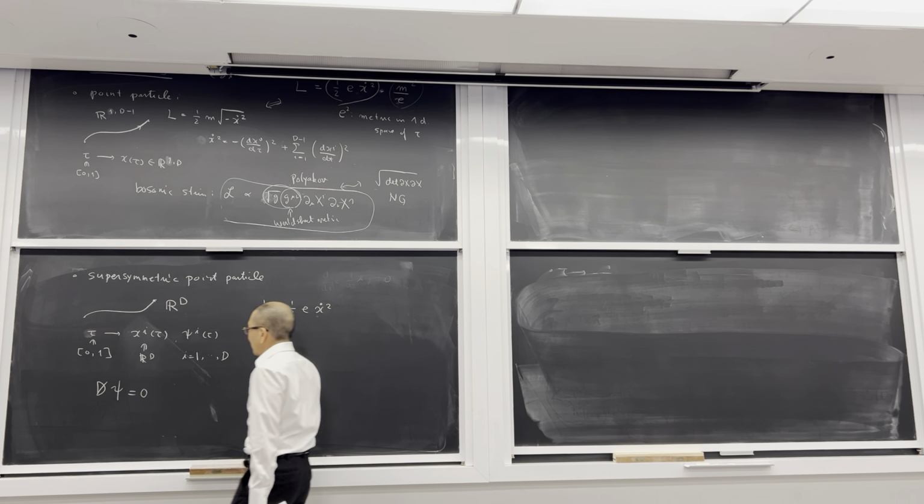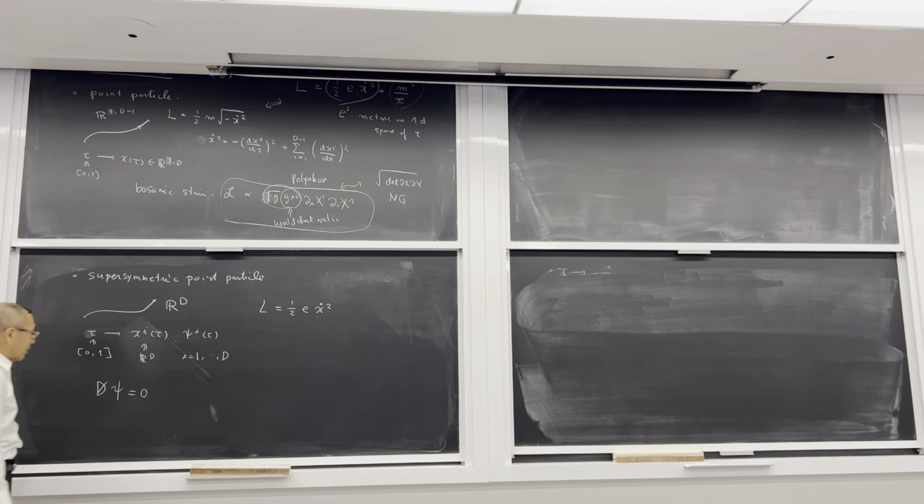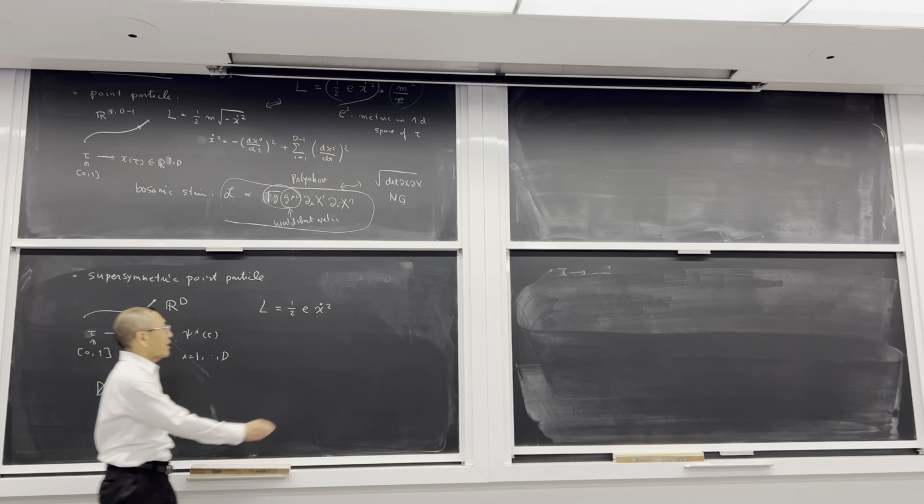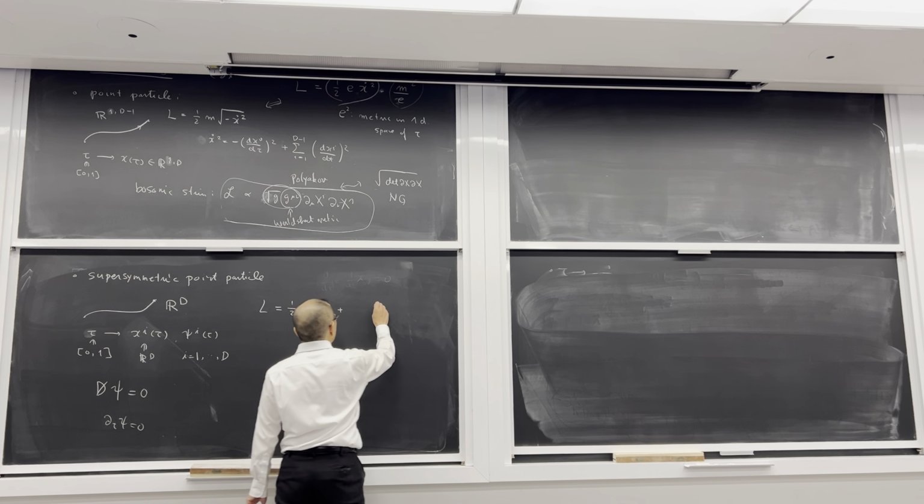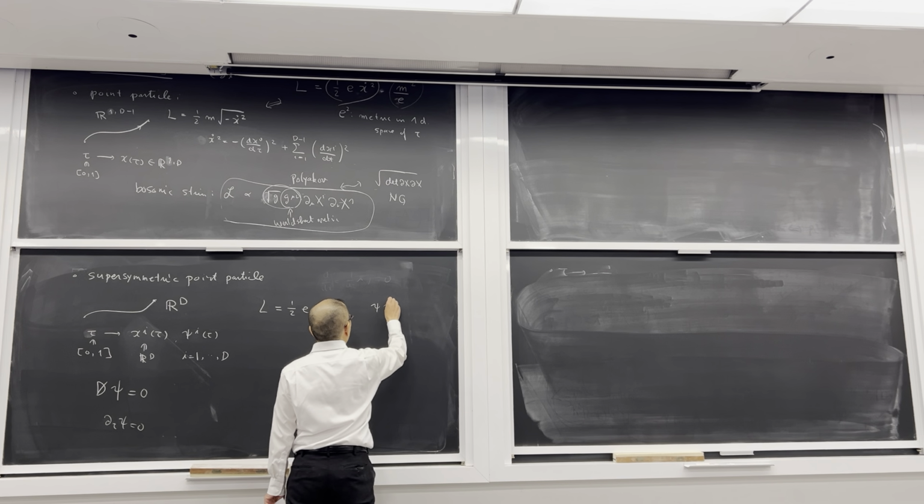Therefore it's natural that its partner obeys a massless equation. Now, it's one dimension, so in one dimension the Dirac matrix is the identity. So this is just del tau of psi equal to 0. Okay, so you need a Lagrangian which gives you this equation. So it's natural to consider adding psi dot.